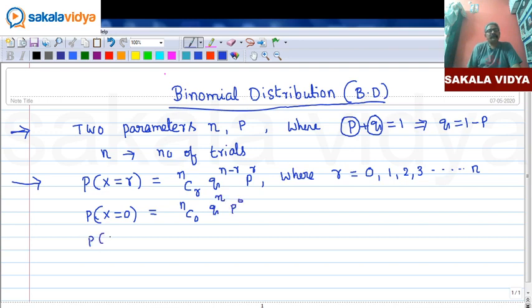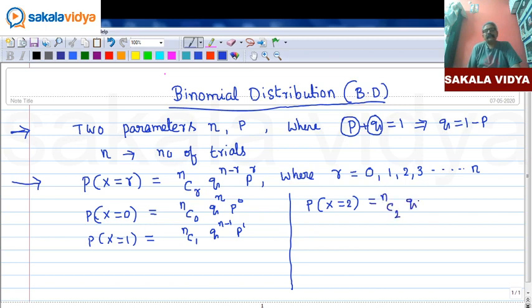And P of x equal to 1, you get nC1 q to the power of n minus 1 and p power 1. And so on, P of x equal to 2, you get nC2 q to the power of n minus 2, and next p square.